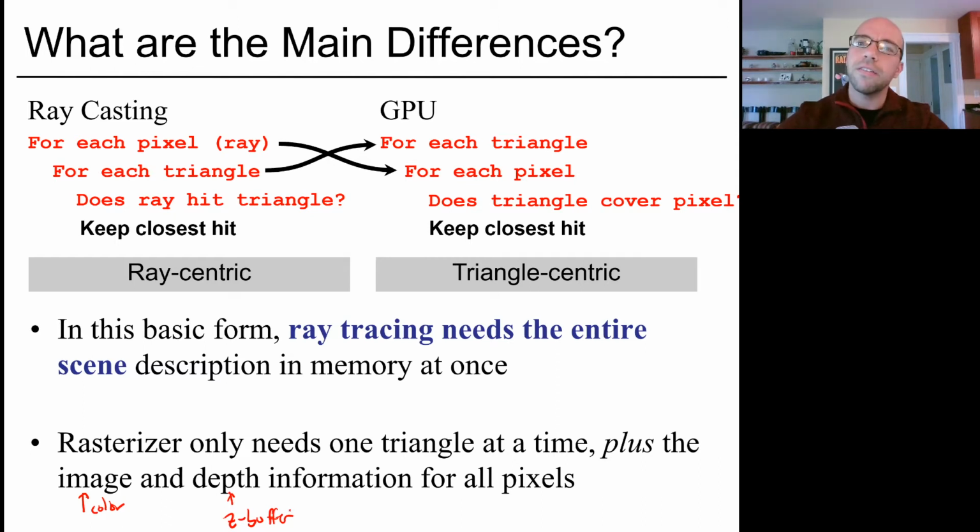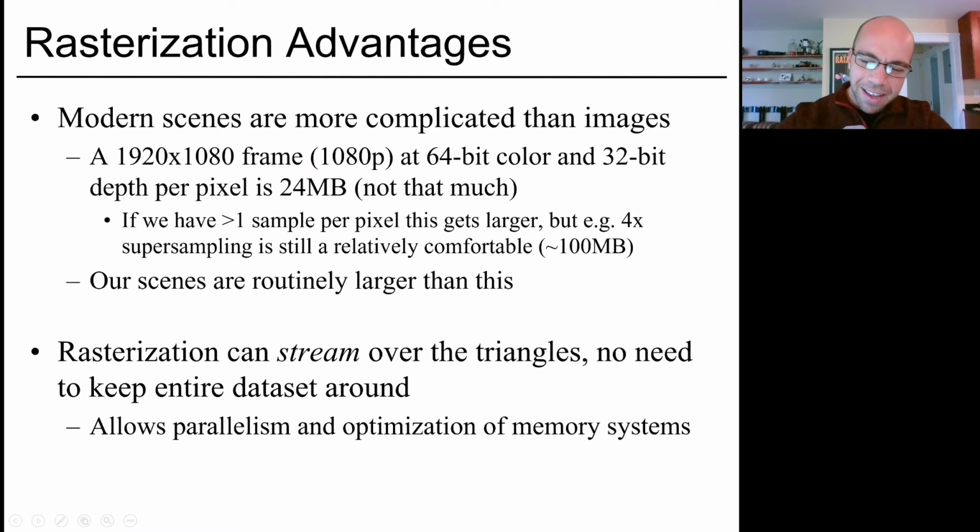And so the question is, who wins? Which of these algorithms use less or more memory? And if we do some back of the envelope calculations, we'll see that in a landslide, the rasterization algorithm uses less memory. Moreover, the amount of memory that it needs is a fixed multiple of the size of the image that you're rendering.